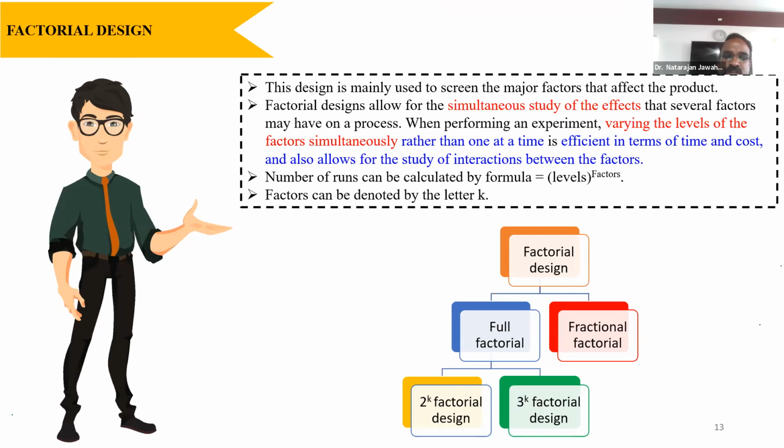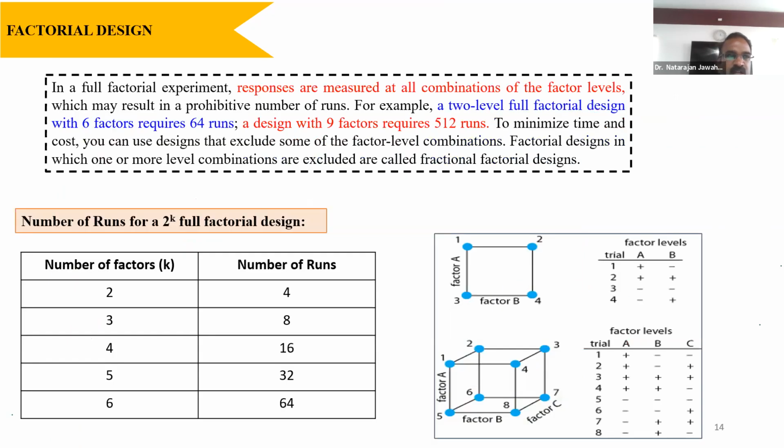But usually in full factorial, people generally use 2^K factorial rather than 3^K factorial, because 3^K factorial will have more number of runs, which does not serve the purpose of our using DOE. In a full factorial experiment, the responses are measured at all combinations of the factor levels, which may result in a prohibitive number of runs.